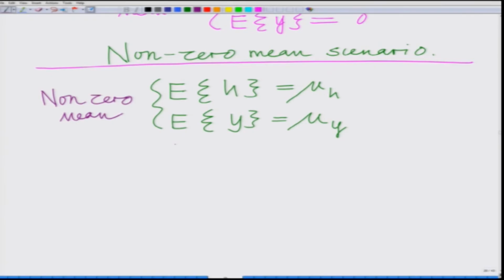Now, what we are going to do is define two new random variables h tilde, which is h minus mu h, and y tilde equals y minus mu y. So, from h we subtract its mean mu h, from y we subtract its mean mu y. Now, you can see h tilde and y tilde have 0 mean.